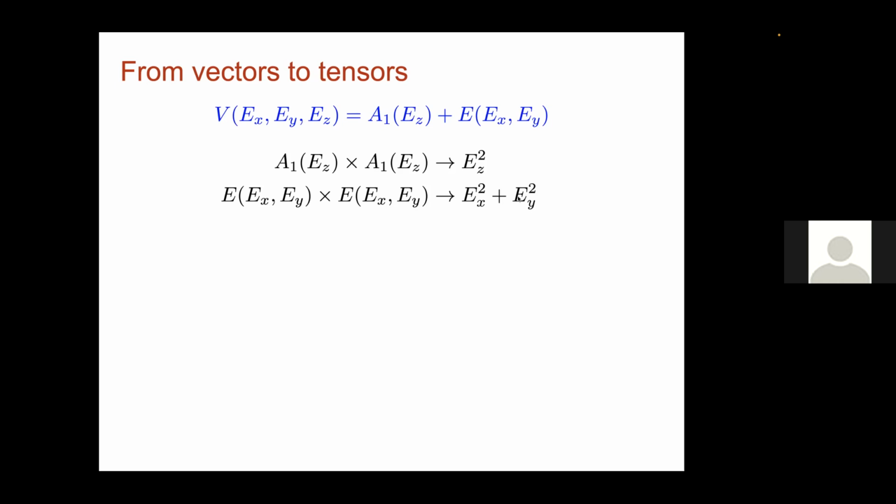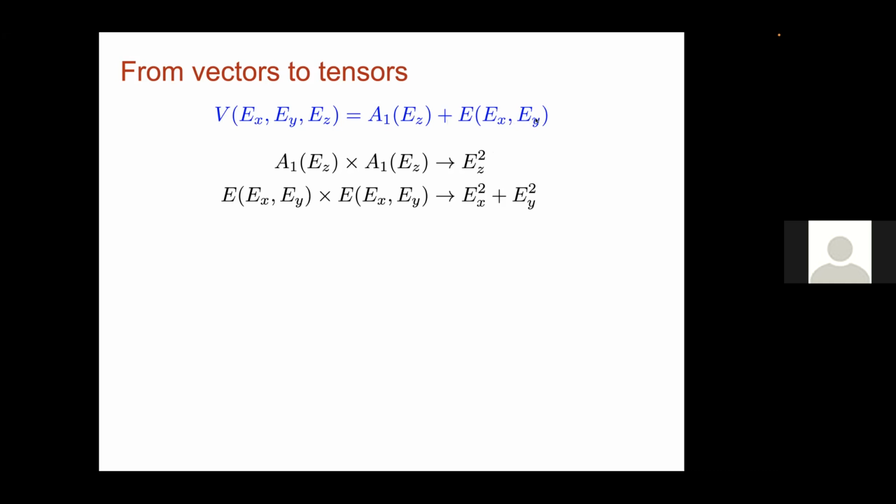At the end of the lecture, we will see that there is only one invariant for each irreducible representation. If I have an irreducible representation, this is obviously an invariant, and this is the only one. Well, in this case, it's obvious because this is the only quadratic thing that I can construct from EZ.